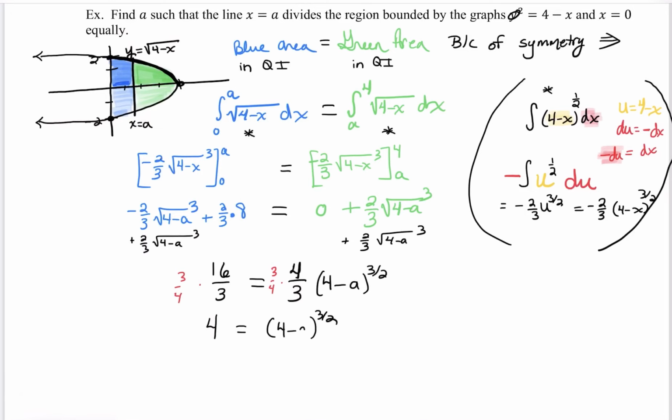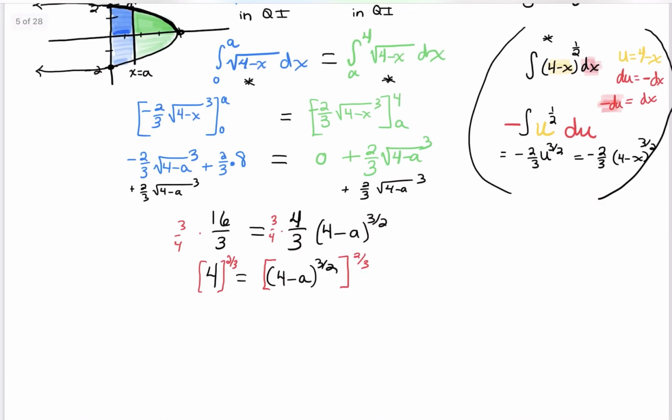Happens a lot. Okay. And so now let's raise both sides to the 2/3 power. If we left it like it was before, we could have taken the cube root and then squared it, but this is kind of why I went back to this. Looks a little nicer. So to the 2/3 power. And so that's not a nice perfect squaring or perfect cube, because that's like the cube root squared. So I'm just going to leave that as 4 to the 2/3.